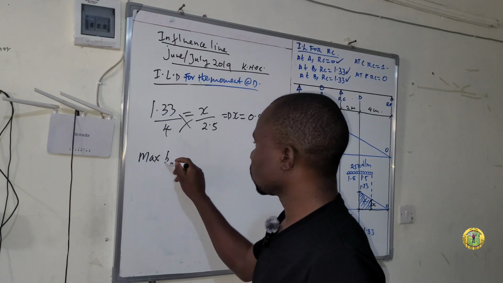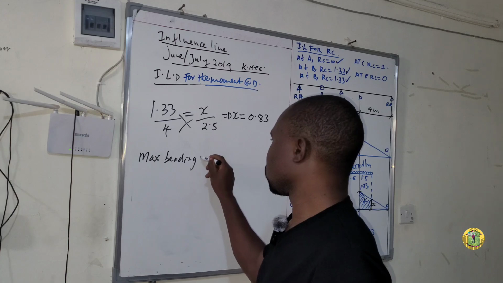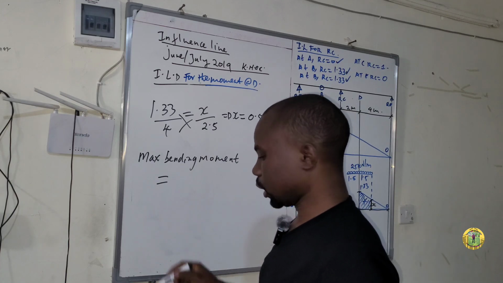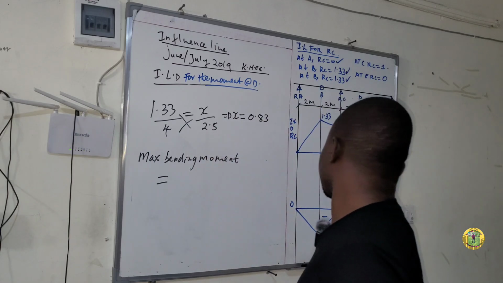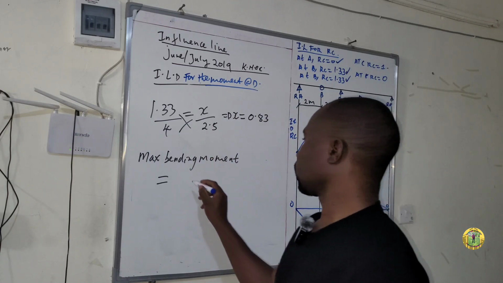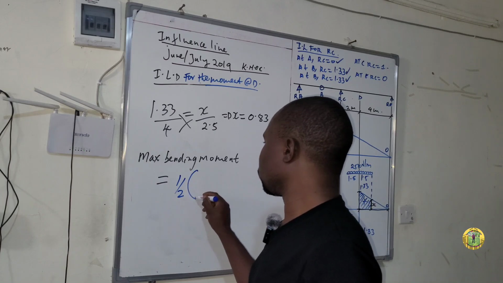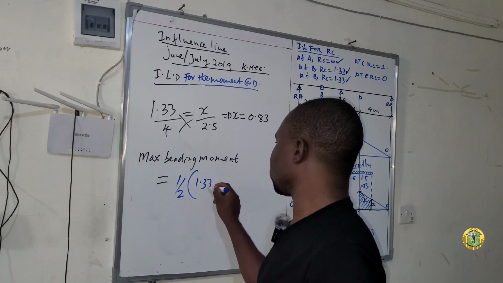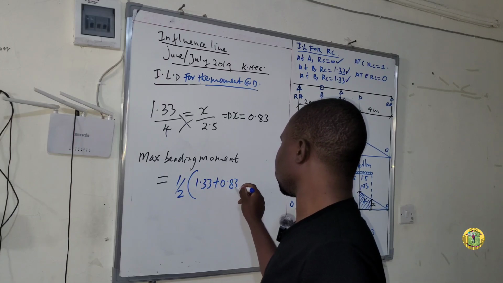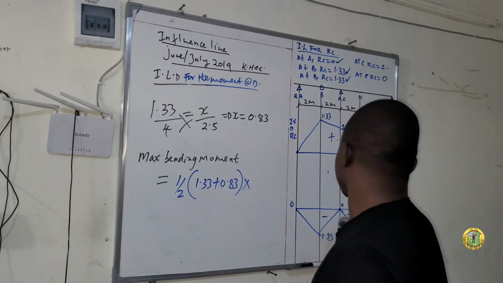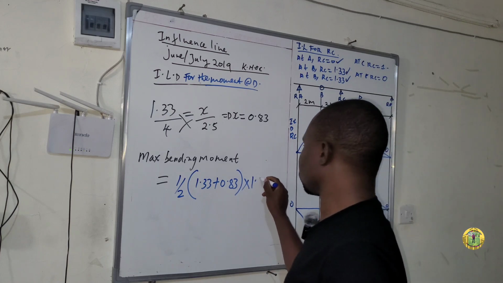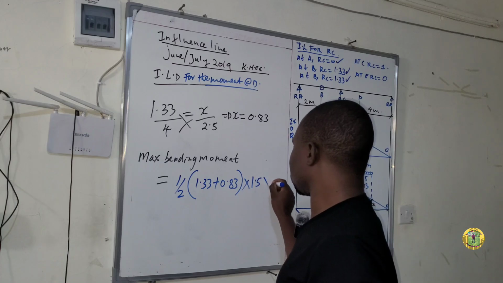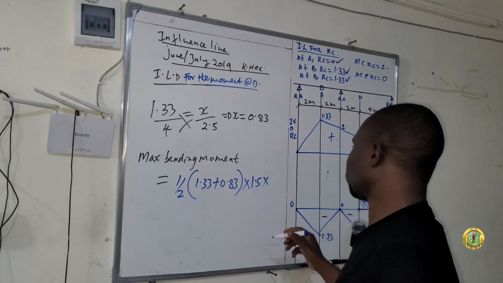So to get the maximum bending moment, it is equal to the area of this, which will be a half into the sum of two parallel sides, that is 1.33 plus 0.83, times the length 1.5, then times 25.